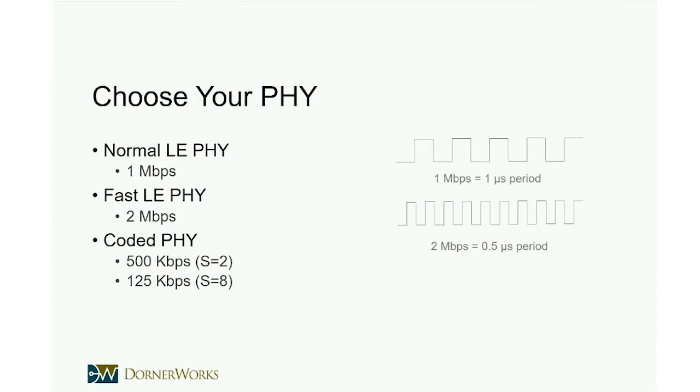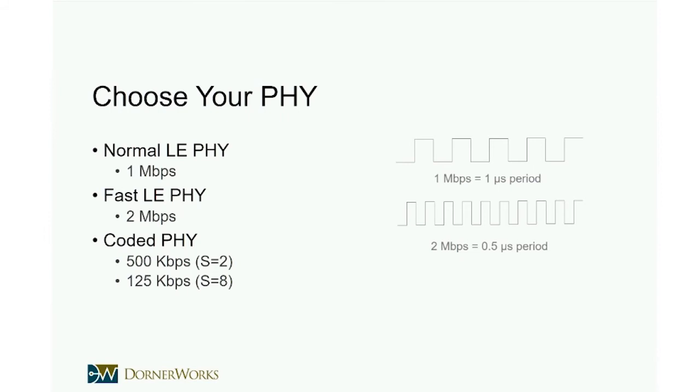So if I send more bits to represent the same thing, I have a better chance of those bits arriving, and I can get further distances that way. So if I send 8 bits to represent 1 bit, it's going to be a whole lot slower, hence the 125 kilobits a second, but I can get 4 times the range.